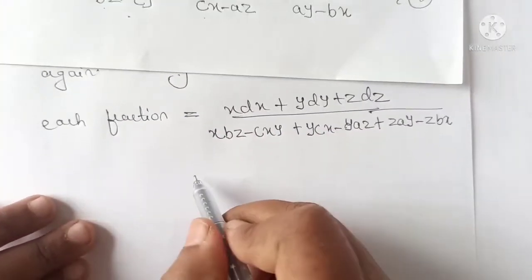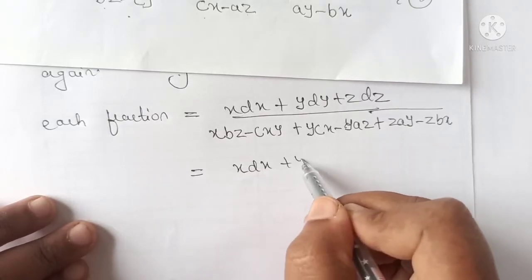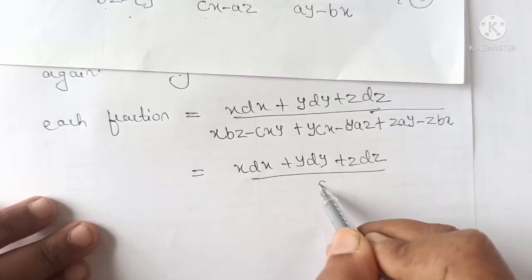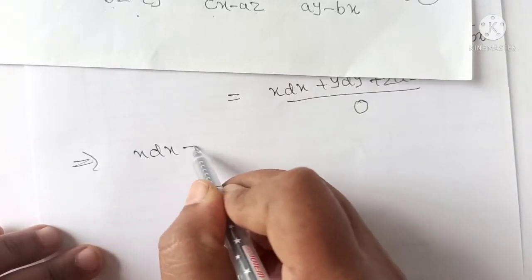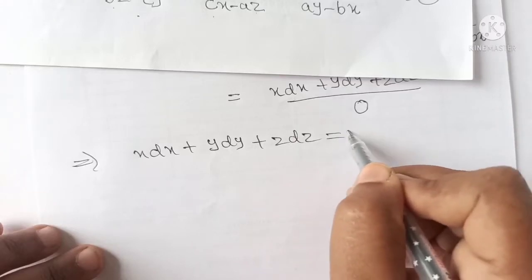Again all the terms in the denominator get cancelled, so we get x dx plus y dy plus z dz divided by 0. It implies that x dx plus y dy plus z dz equals 0.